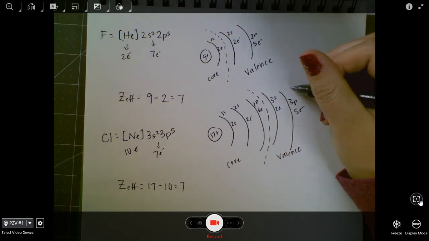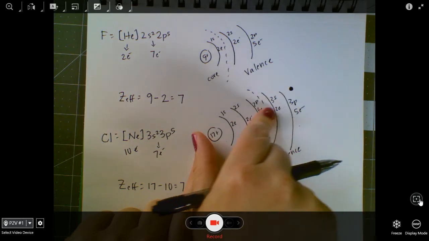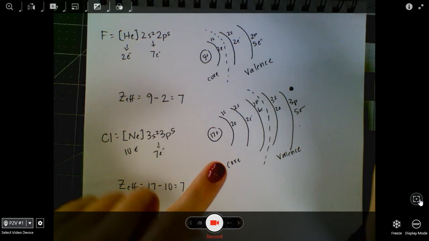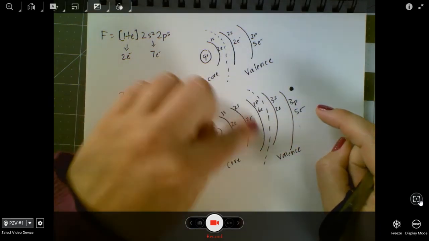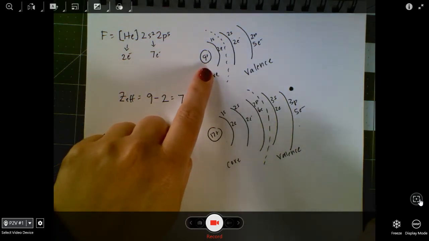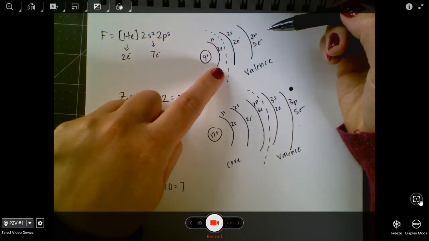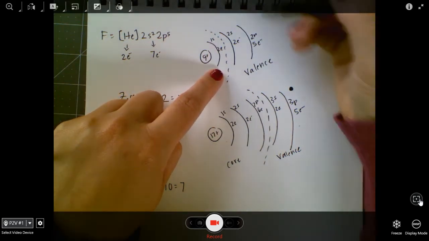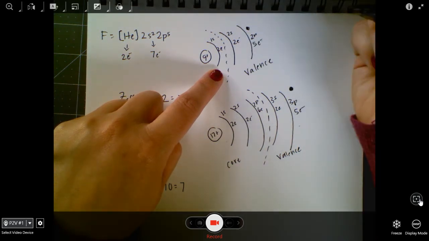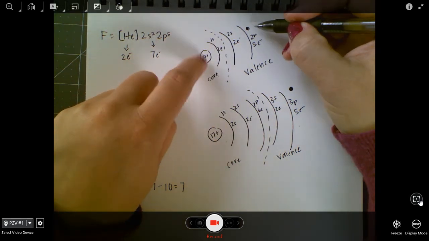So if I'm a valence electron out here and I have the nucleus pulling in on me, to prevent my electron from getting sucked in super close, I am going to have 3 layers of electrons blocking me. When I talk about a core electron in fluorine, there are only 2 core electrons and 1 shell worth of electrons. So if I'm talking about a valence electron out here in the 2p shell, I do not have as many layers shielding my valence electron from this nucleus.